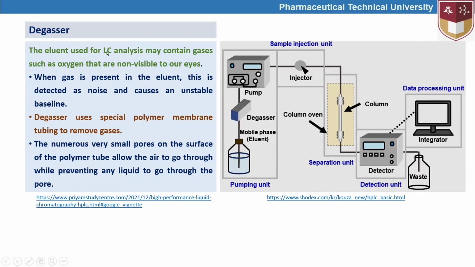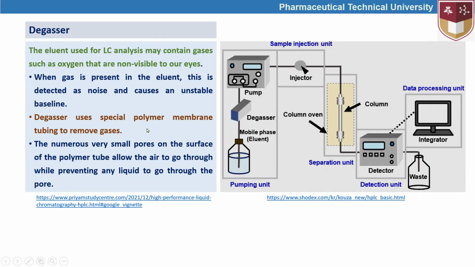The eluent used for liquid chromatography analysis may contain gases such as oxygen. It's not visible to our eyes. When gas is present in the eluent, it can be detected as noise, or it might cause an unstable baseline. So the degasser is very significant.